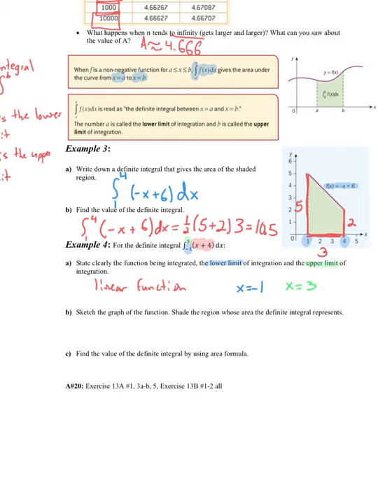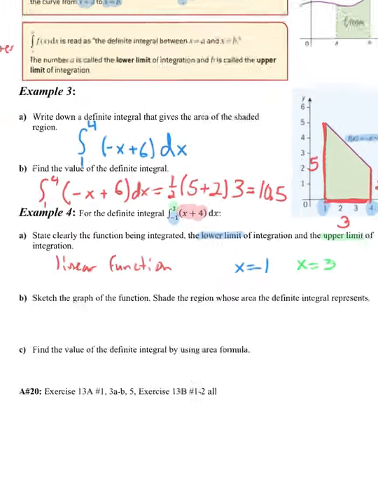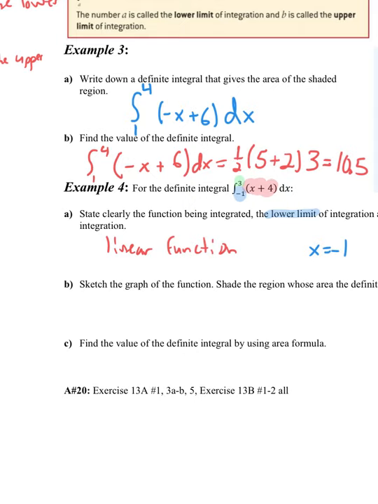And then we want to sketch the graph of it really quickly on that interval, -1 to 3, and shade the region whose area the definite integral represents. So if I were to sketch a graph, I know this is going to intercept at 4 here, and it's going to go from -1 to 3.